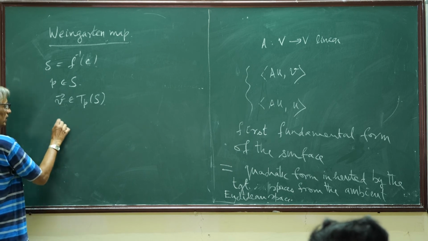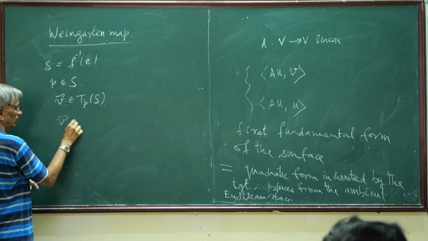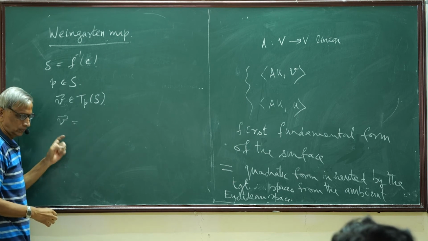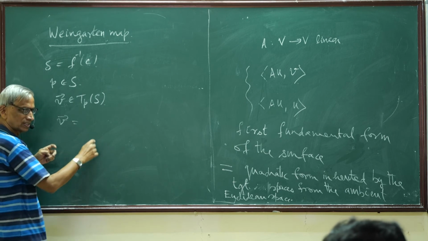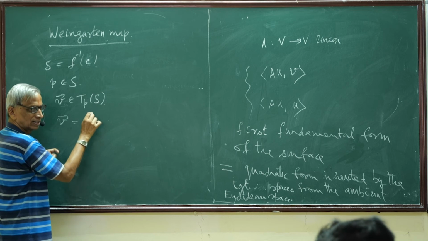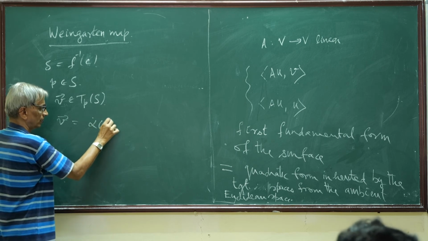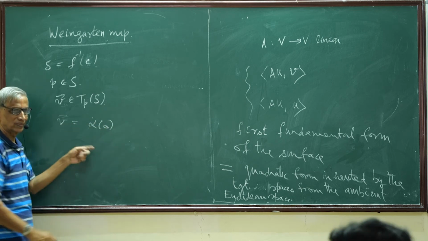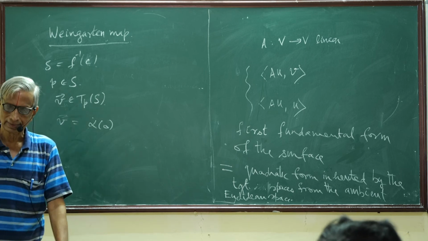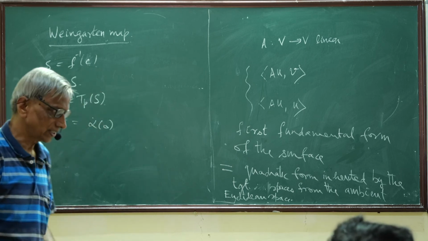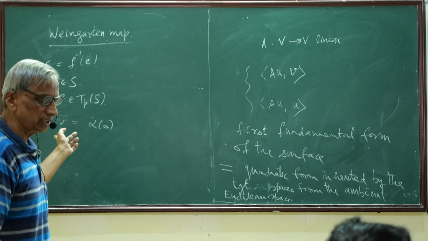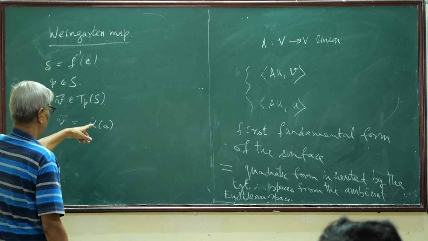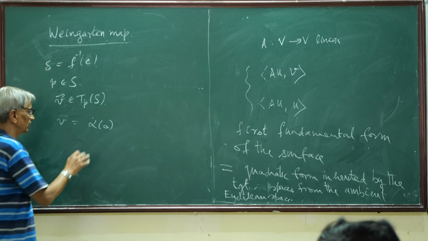V is going to be alpha prime 0 or something, okay? For a suitable alpha, a parameterized curve passing through P, and the derivative, the velocity vector, is the tangent vector, the usual setting.